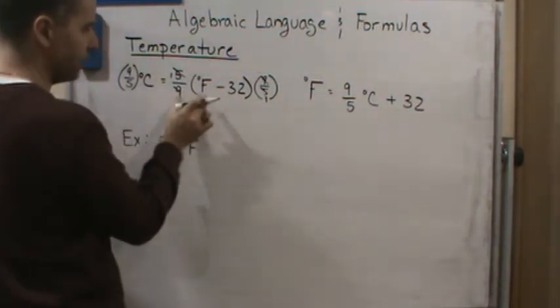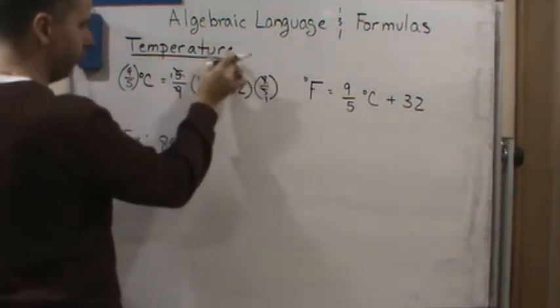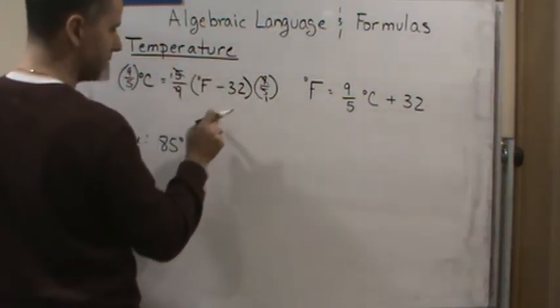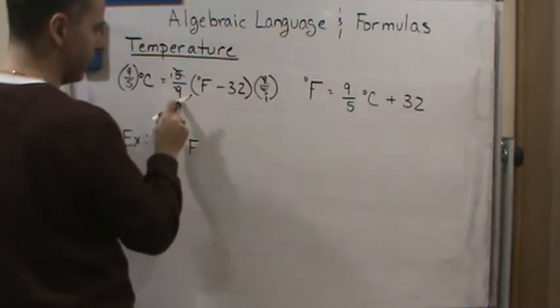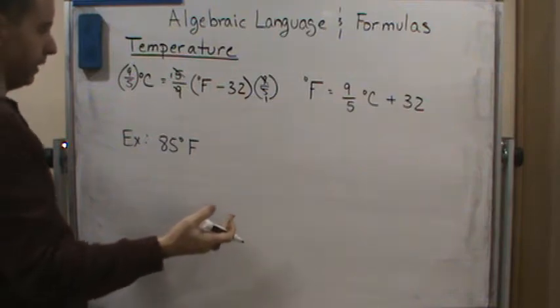Why? Because I can use the commutative property. This is a multiplication problem, so I can move this over here and do 5/9 times 9/5, which is the same as 9 divided by 9 and 5 divided by 5, which gives you 1.